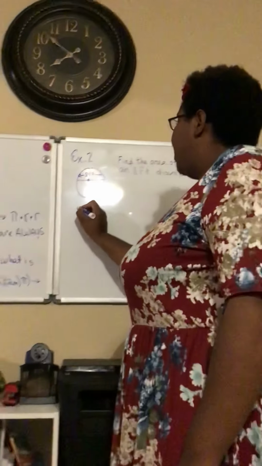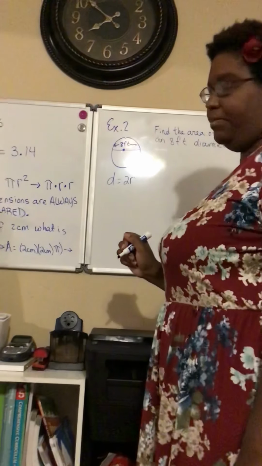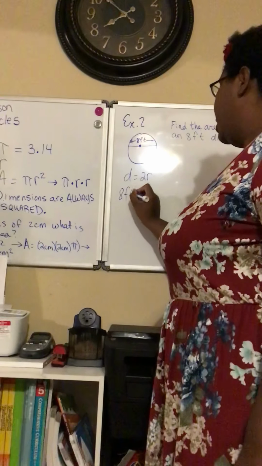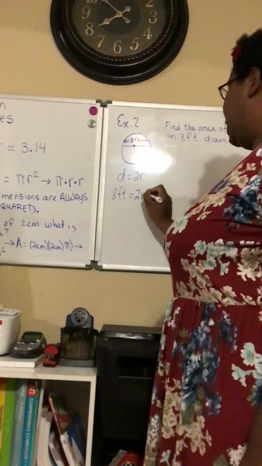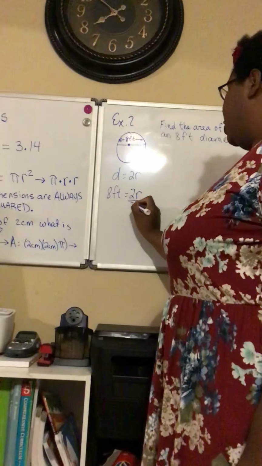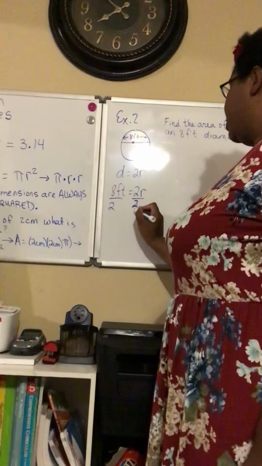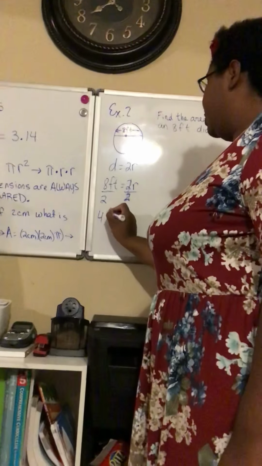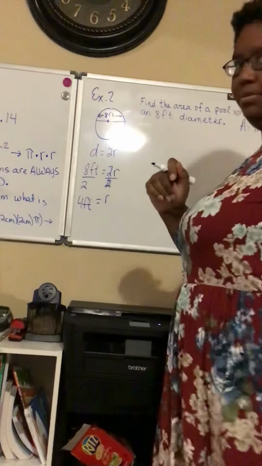So remember, diameter is equal to 2 times the radius. So if we have 8 feet for our diameter, and that's 2 times our radius, divide this by 2, divide this by 2. Radius would be equal to 4 feet. Now we can use that in our area formula.